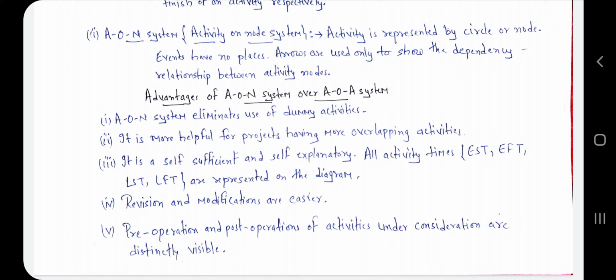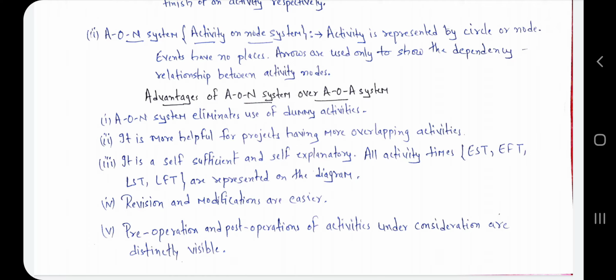Third, it is self-sufficient and self-explanatory. All activity times, EST, EFT, LST, LFT, are represented on the diagram. It is self-explanatory and self-sufficient, and all activity times in CPM that we find are represented on a single diagram.